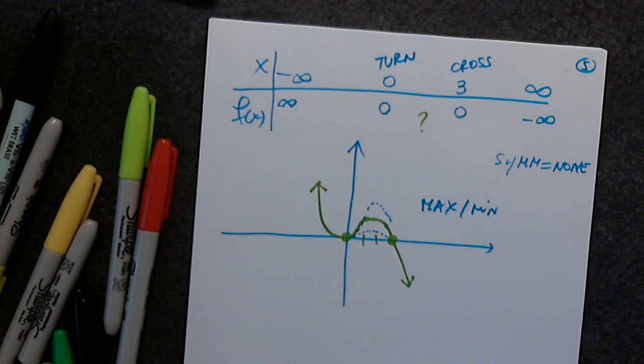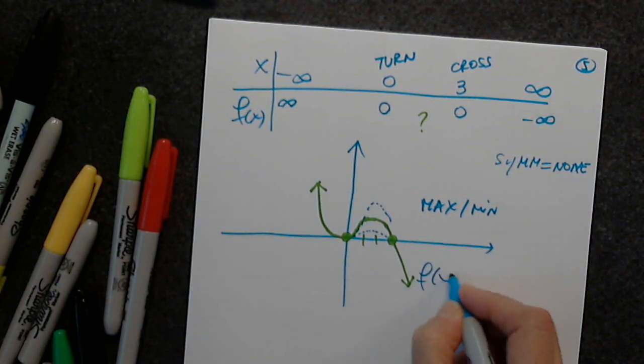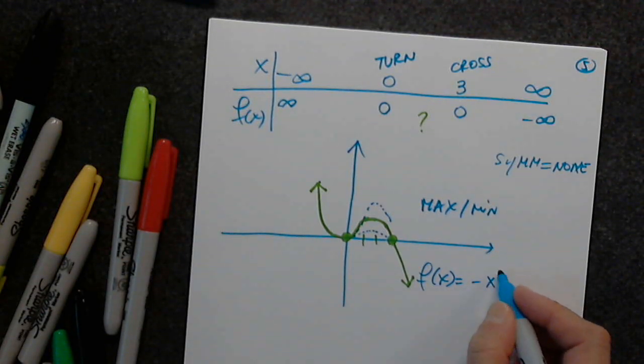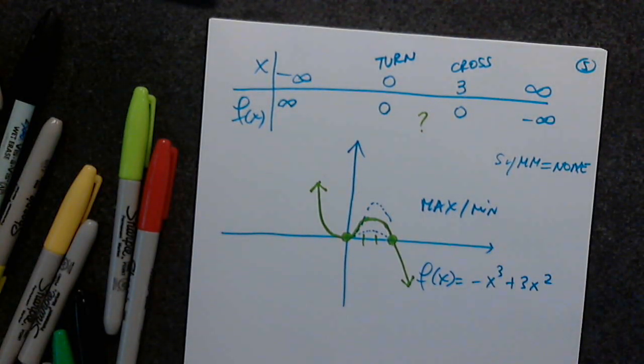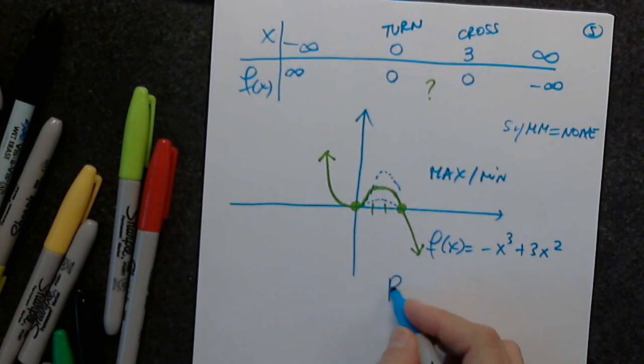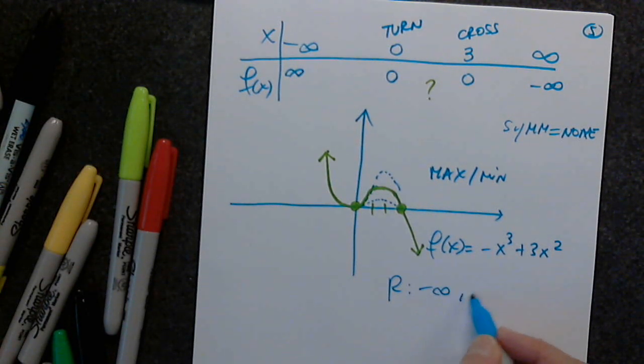So let's put in the graphing calculator. So first of all, this is f of x, which is negative x cubed plus 3x squared. Can anyone give us the range of this function? Very good.